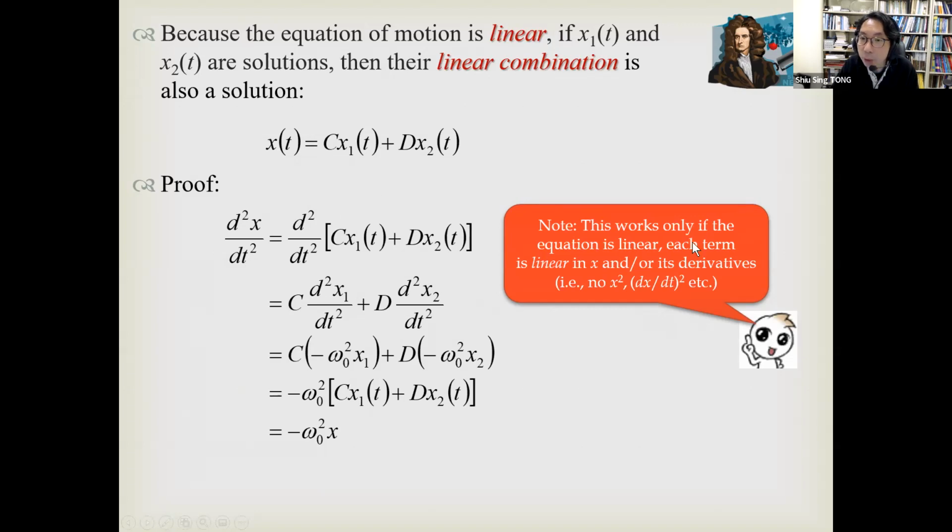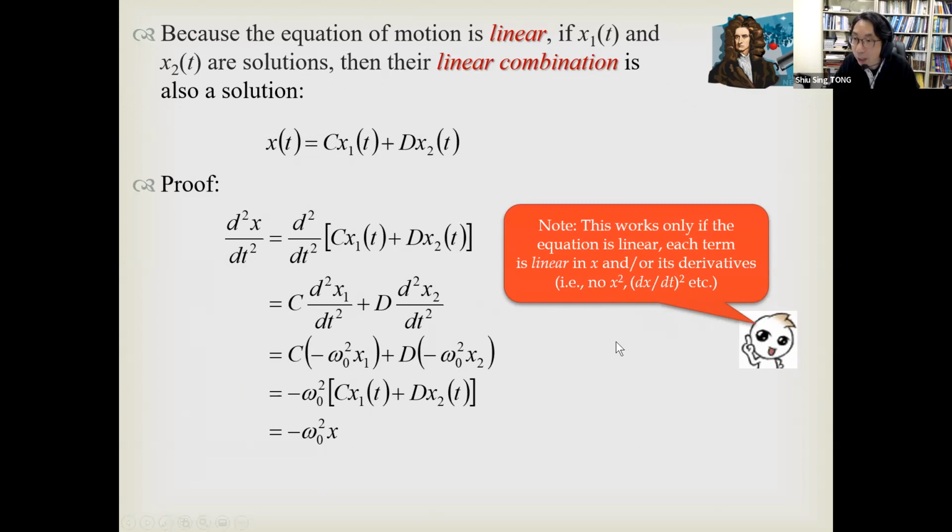This method works because the equation is linear. What we mean by a linear equation is that each term in the equation contains x or its derivative only once. There is no term with x squared, or dx dt squared, or the second derivative squared, or a square root. For each term, you either have x or a derivative of x, but it appears only once.